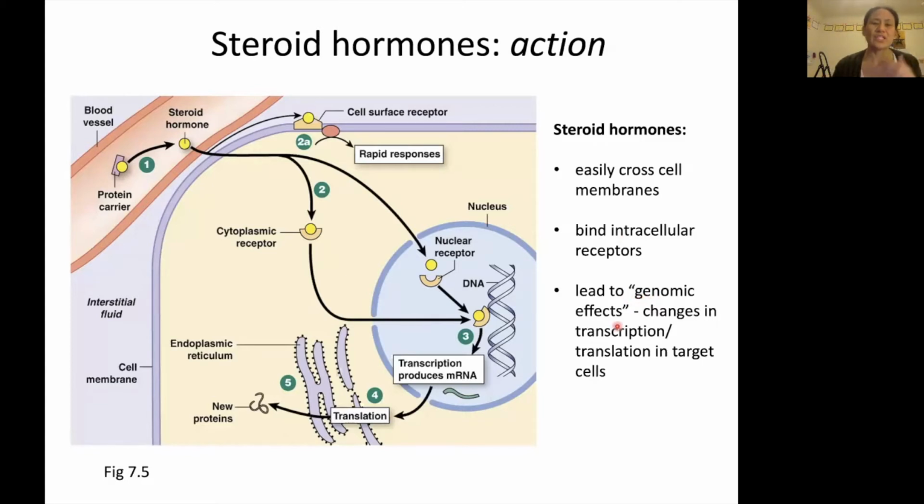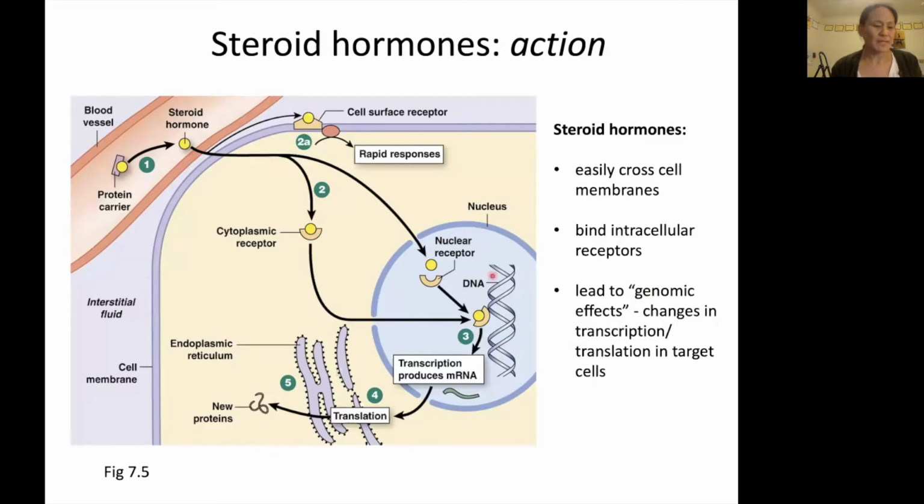It's going to lead to changes in transcription and translation in the target cell. This is going to be a slower process than the signal transduction cascades that we saw in response to peptide hormones, and it's going to be a more long-lasting effect.